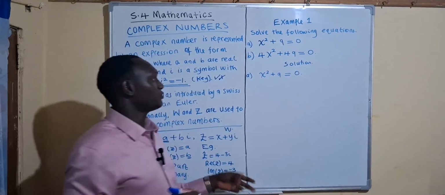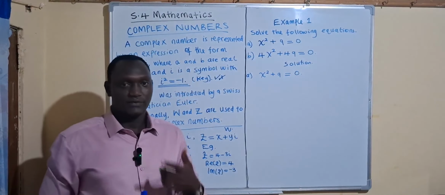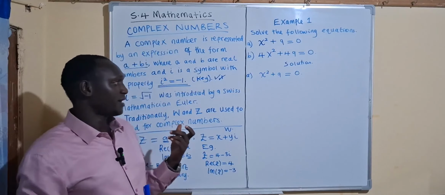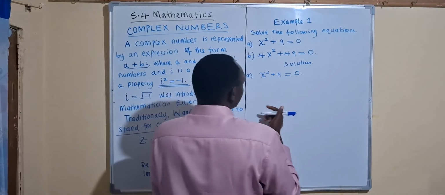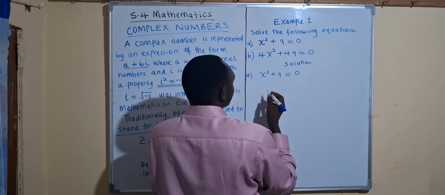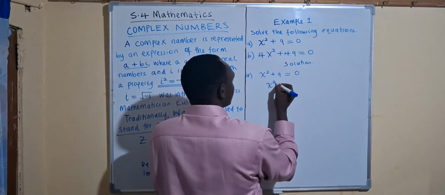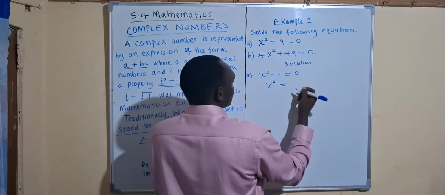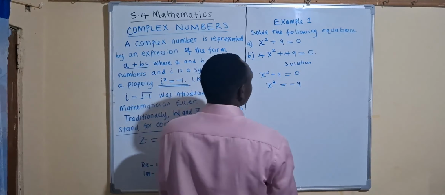The solution to this equation is the value of x for which this function will be 0. So we try to make x the subject of the formula. Here we have x squared. Now we need to take 9 to that side, and it becomes negative. 0 minus 9 is negative 9.